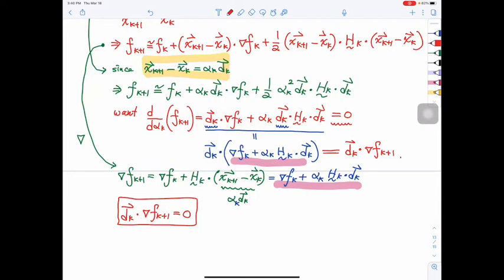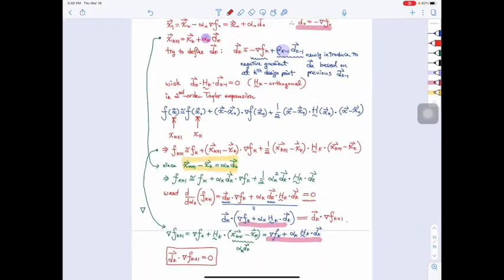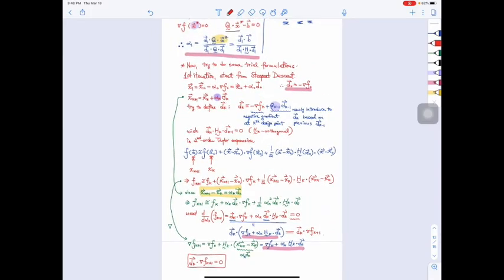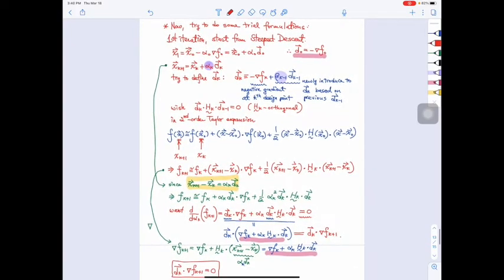I think it's a good time for us to recall what we have done. At the beginning, we are trying to do some optimization, and we start from steepest descent.